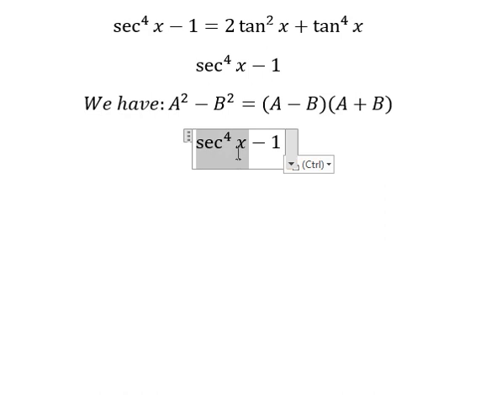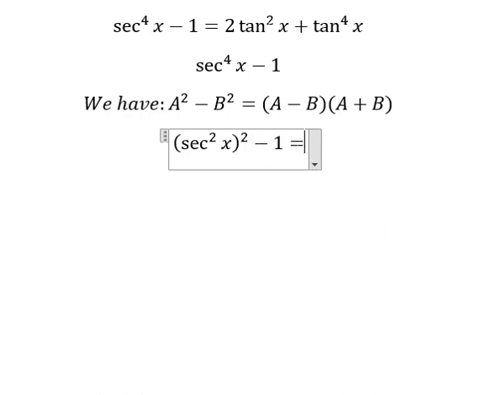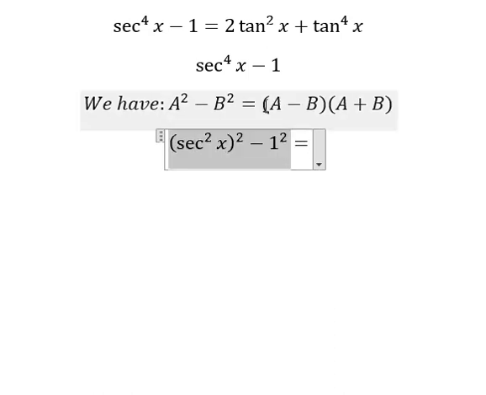So secant of x to the power of 4, that is about secant of x where everything to the power of 2. So number 1, that is about 1 square. So we need to transform this one into this one.